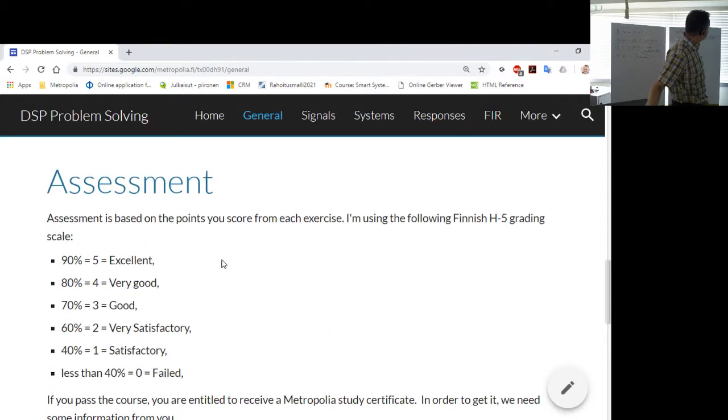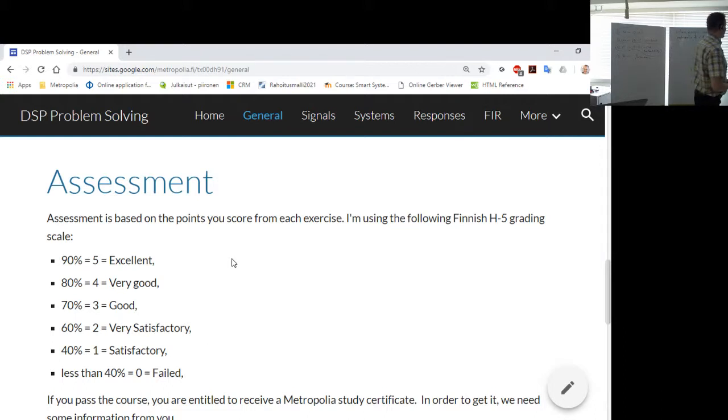And assessment goes directly by the percentage of correct answers you give. So if you give 90% or more, you get the best possible grade, which is 5. Basically, 60% is 2, which is called very satisfactory. 40% is satisfactory. So the passing grade is 40% of the answers. Less than 40% is failed.